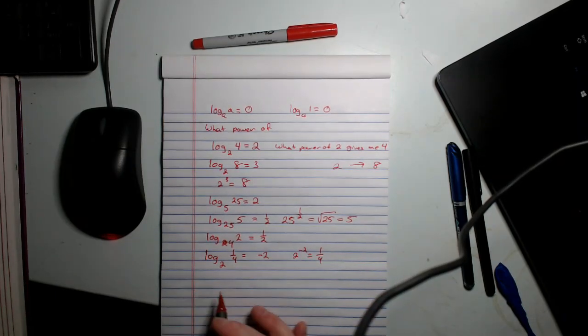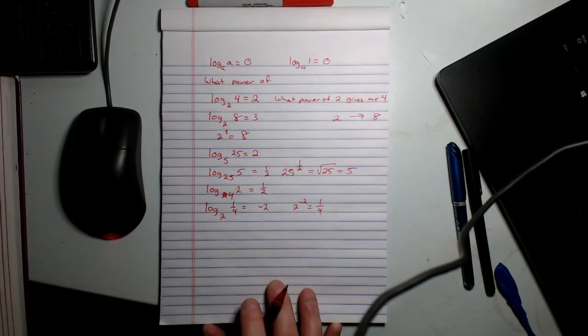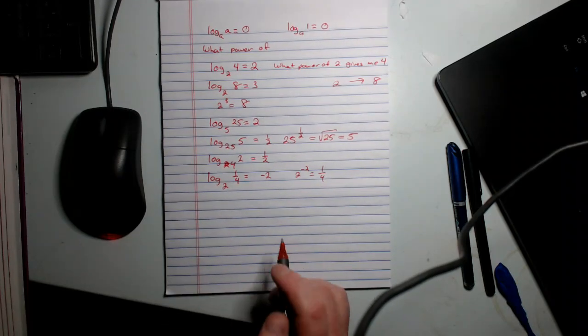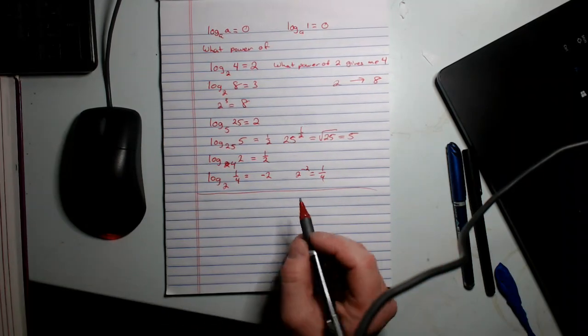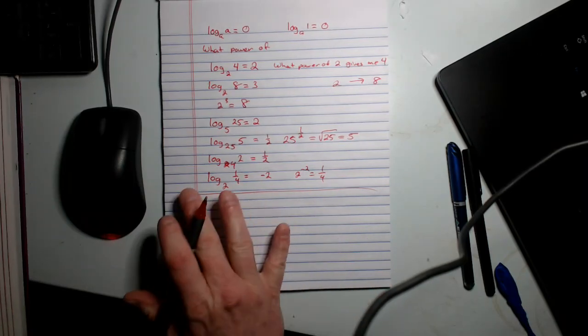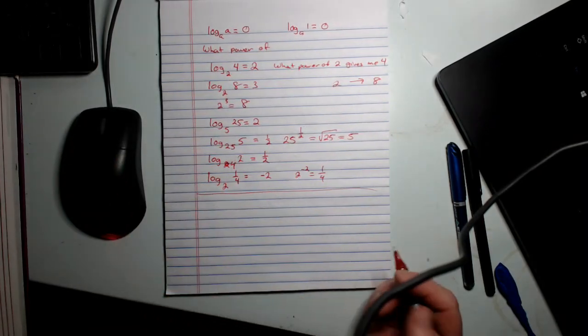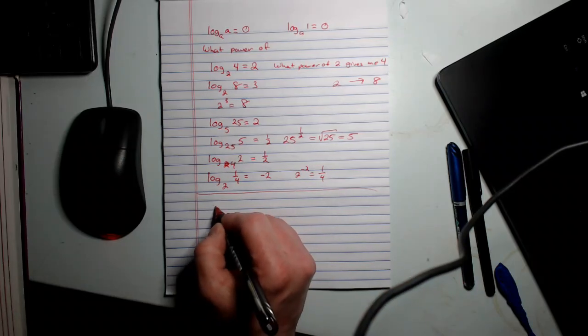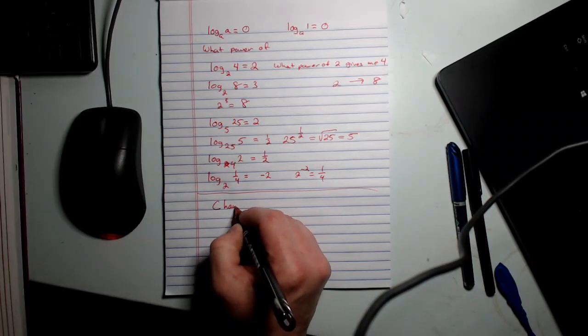Now, normally in my class, I would spend a lot of time working with these logarithms and getting comfortable with them. But because we don't have all that kind of time, there's actually a way that you can just solve all of these anyway using a calculator. And it's called using the change of base formula.